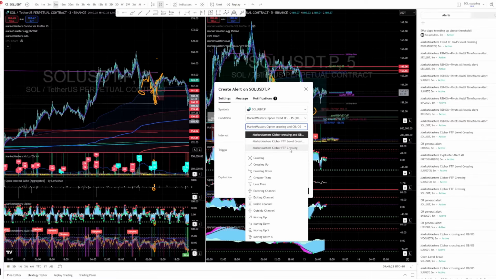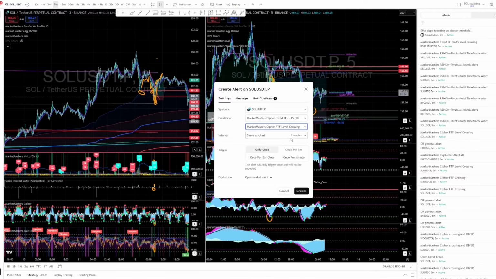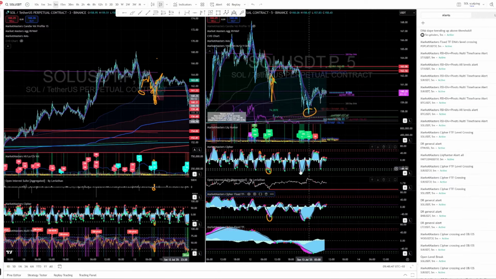I would leave it at the crossing. I need to change the name of that probably to say level crossing. Needs to be that one, level crossing. Okay, mental note, need to change some wording on some of these levels. All right, and create that. So that'll give you an alert when you cross through. So wouldn't have an alert here, would alert here, would alert there, and not there.